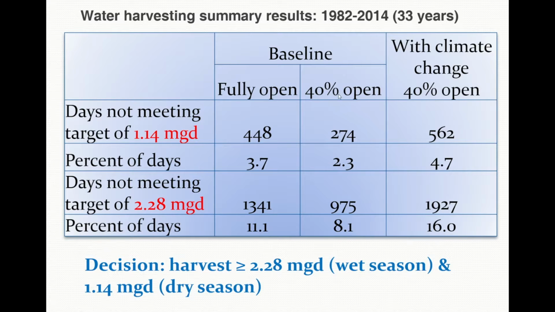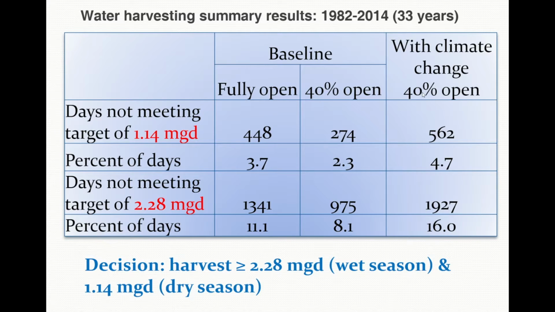If you open the gates at only 40%, it is a better option. We only miss 2.3% of these 33 years. That's 274 days. If we want to collect more than 2 million gallons a day, these are the respective numbers. So we lose like 11% of the days and 8%, if we open the gates fully open here, and 40% open here.